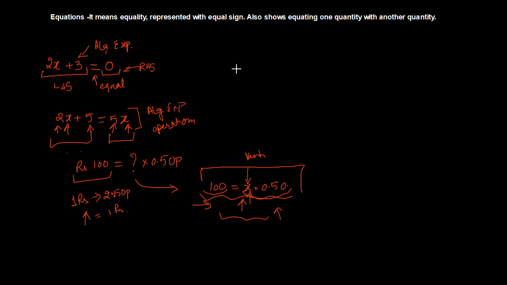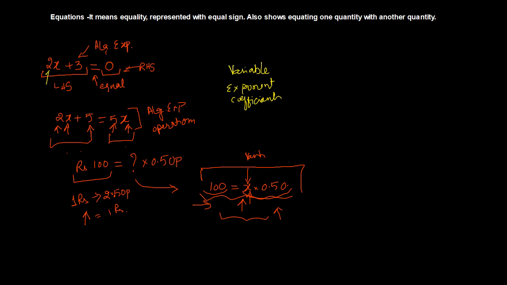In an equation, what are the important things? A polynomial equation contains a variable, it has an exponent term, and then coefficients. What did we recognize here?